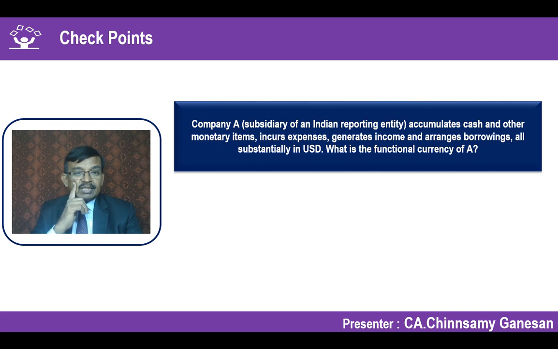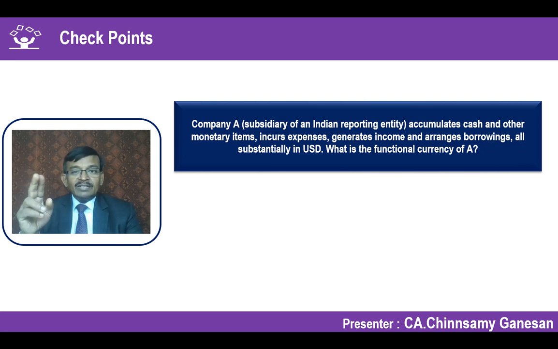So that means it is almost independent, because the first additional indicator we have seen in a foreign operation is the substantial degree of autonomy. Here it's almost completely independent.